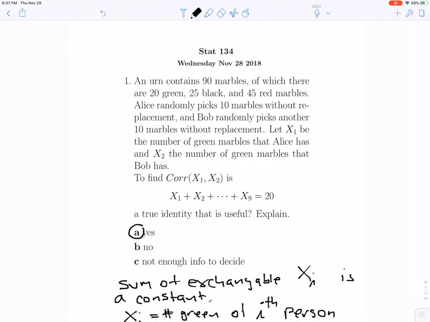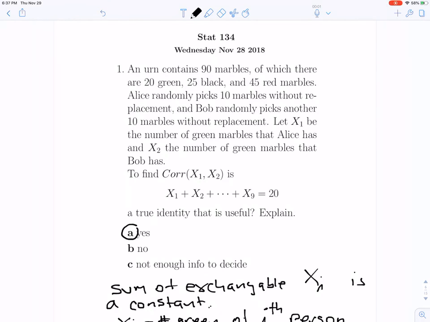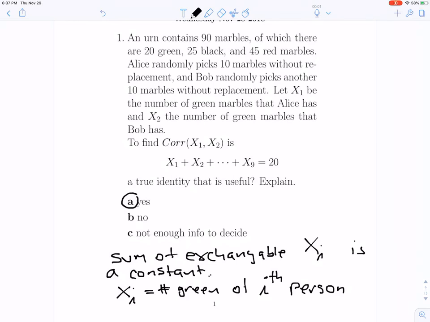And then we did a concept test where I asked you whether X1 plus through X9 equals 20 is an important and true identity for finding the correlation. And indeed it is, because X1 is the number of green marbles picked by the first person, and X2 is the number of green marbles picked by the second person. And both of those are hypergeometric with the same parameters, because remember, we want to think of this as unconditional distributions.